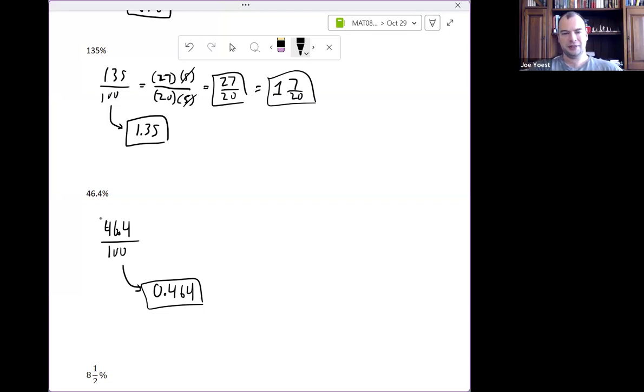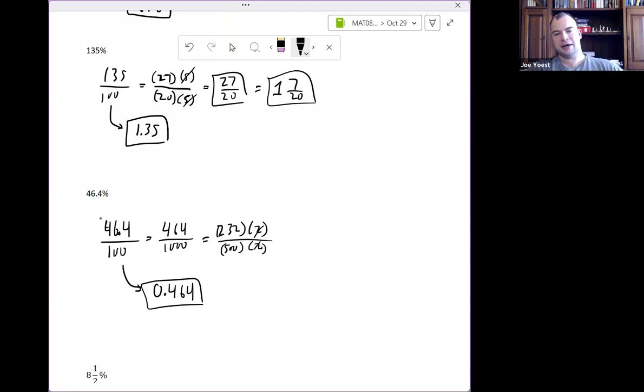Or as a fraction, I could leave this like this, I suppose, or maybe I could make it 464 out of 1,000. Trying to make it whole number over whole number, I can maybe simplify it a little better that way. I can divide out a factor of 2, so that would be 232 times 2 over 500 times 2, and my factors of 2 divide out.